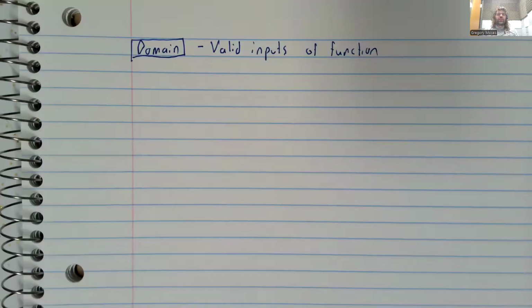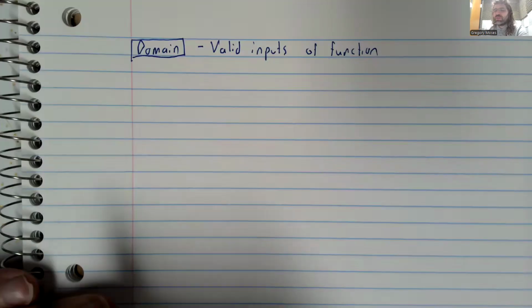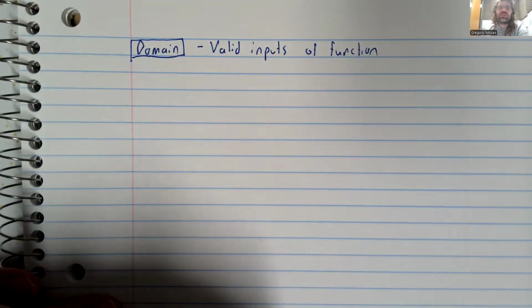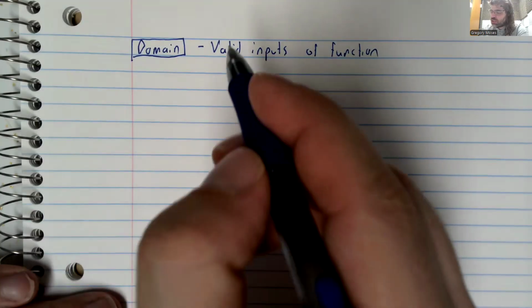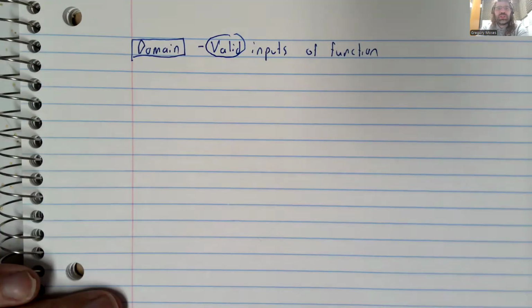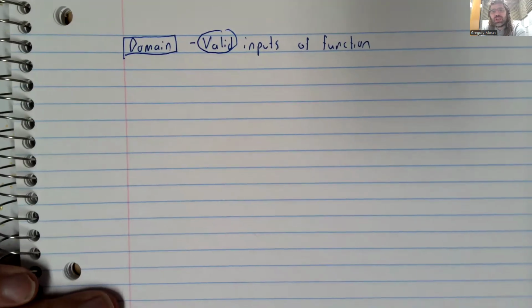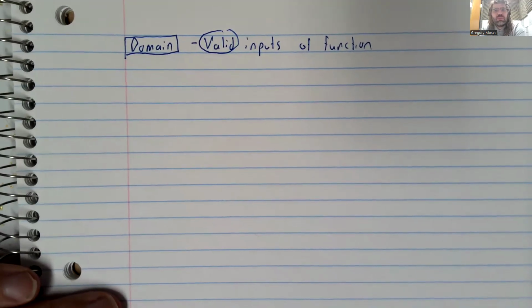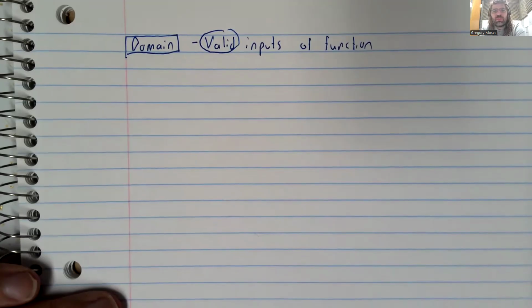So the domain is the set of valid inputs of a function. And the word valid is doing some work here because there are multiple ways a number could fail to be in the domain of a function.